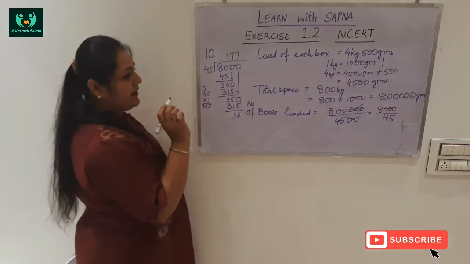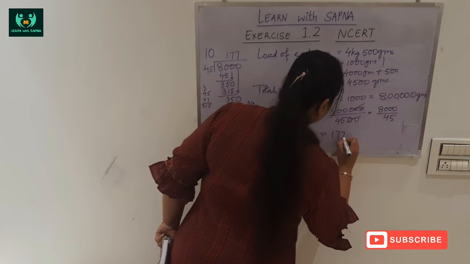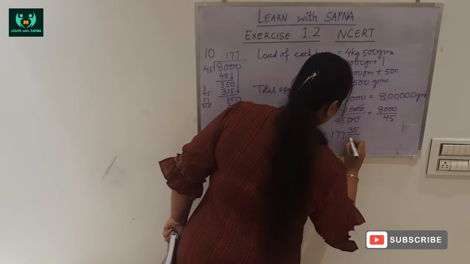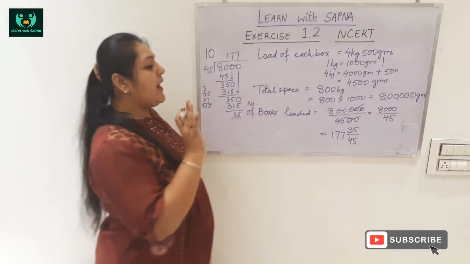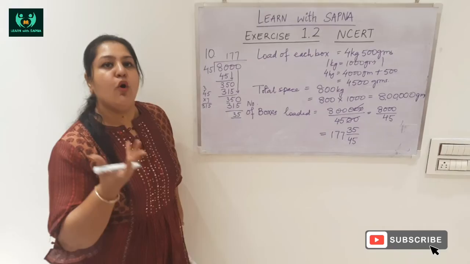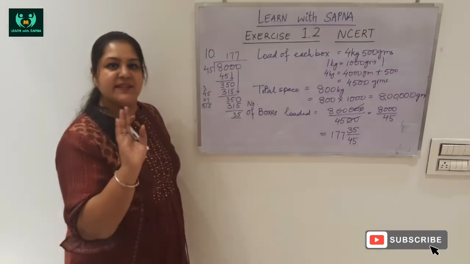We have this remainder. But main number हमारे पास क्या आया है? What does this answer give us? 177 and 35 upon 45. This is what we are getting in the answer. But हमें ये पूछा है कि मैक्सिमम नंबर ऑफ बॉक्सेस कितने हैं. रिमाइंडर हमारे पास कितनी स्पेस बची है हमें उस बात से मतलब नहीं है.